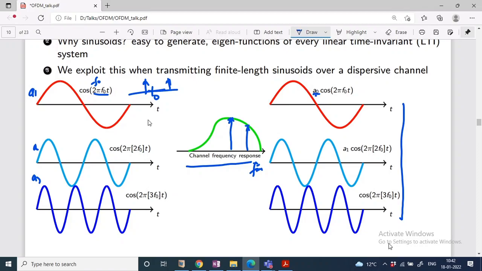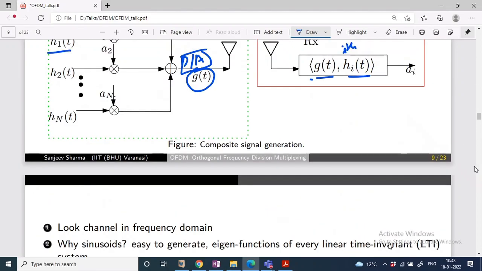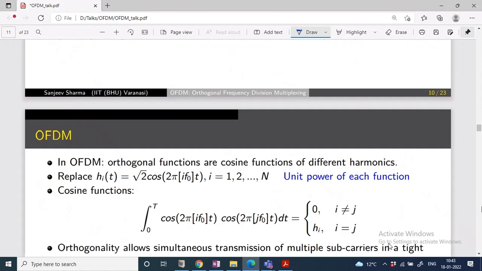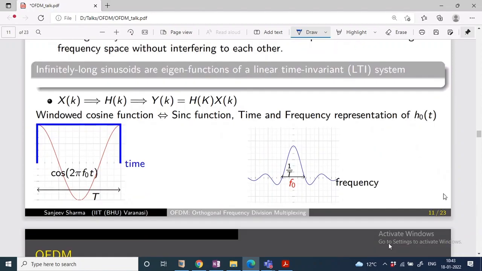Otherwise, with any other waveform, like a square pulse, which is like a sinc in frequency, a frequency selective distortion will take place and the output will be distorted. That's why we consider the cosine signals as basis functions. So let's go to this slide.